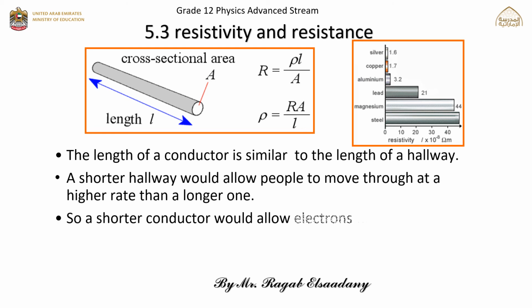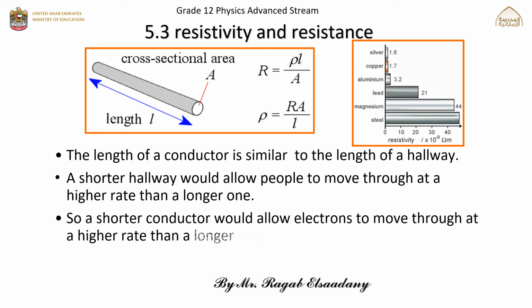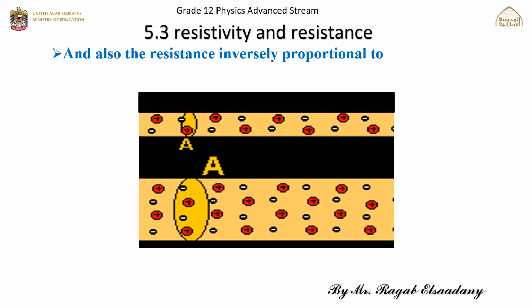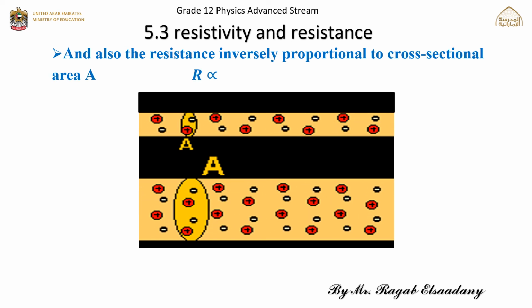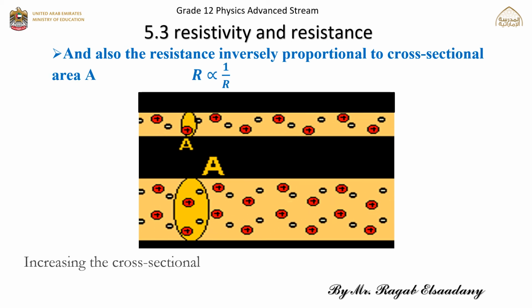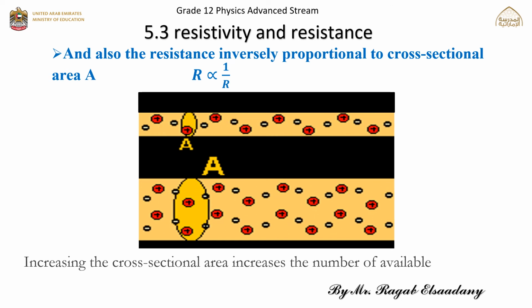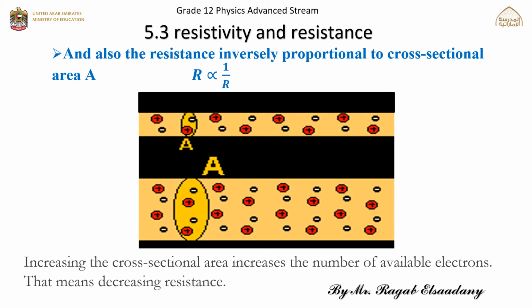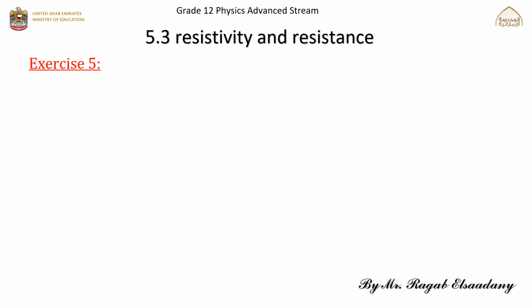So a shorter conductor would allow electrons to move through at a higher rate than a longer one too. It can be shown that R is directly proportional to L, and also that the resistance is inversely proportional to cross-sectional area. Increasing the cross-sectional area increases the number of available electrons. That means decreasing resistance.